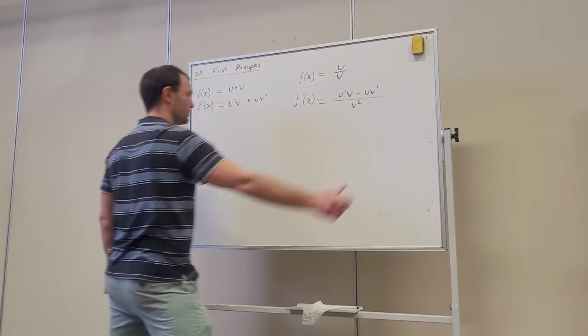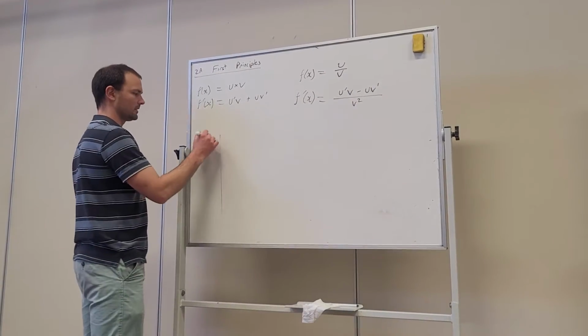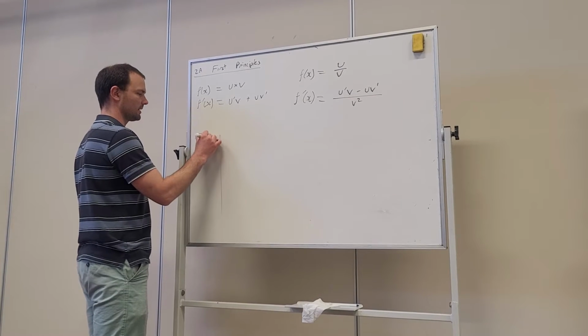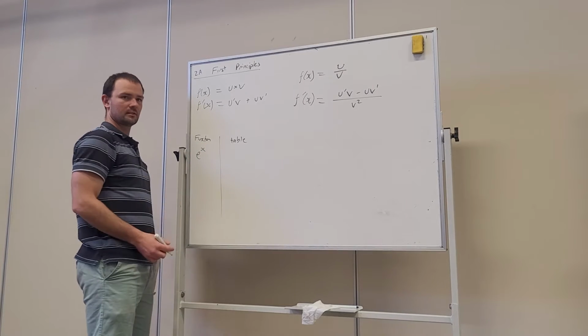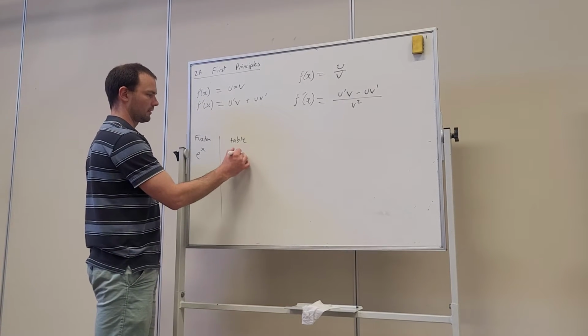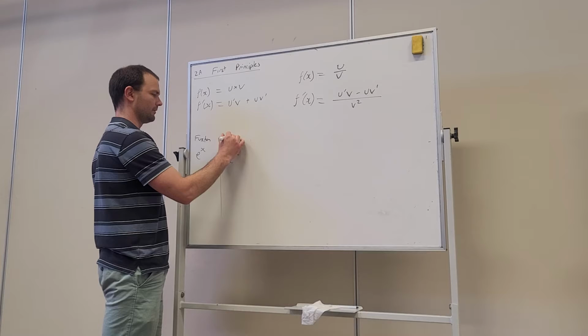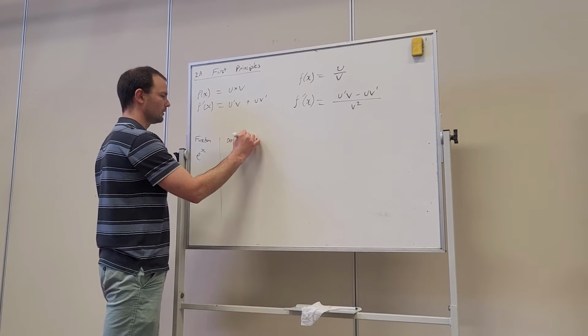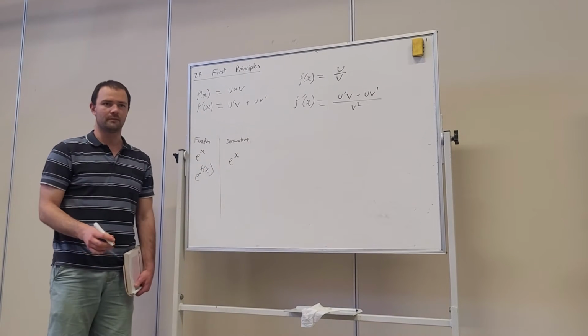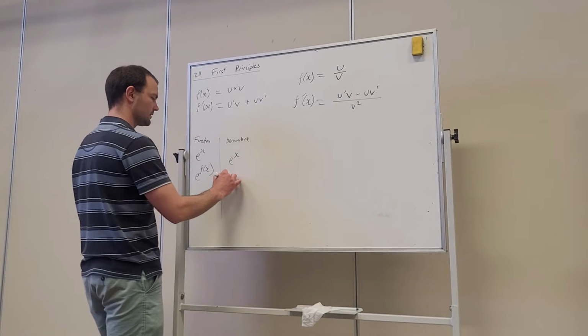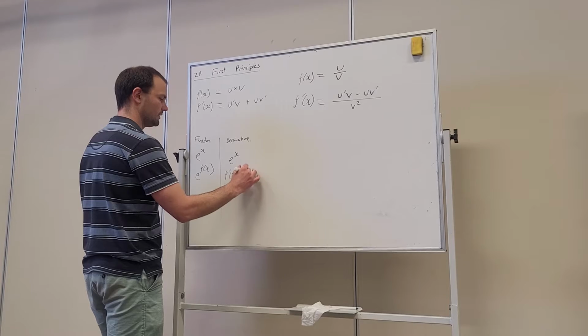Also, I want to remind you, let's make a bit of a table here, function and derivative. If we have e to the x, the derivative is e to the x. If we have e to the f of x, the derivative is f dash of x, e to the f of x.